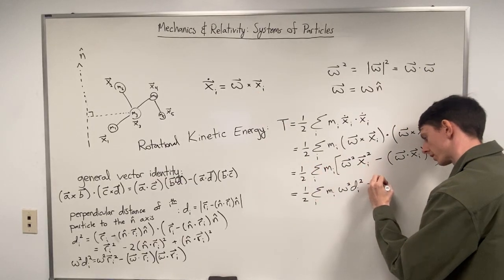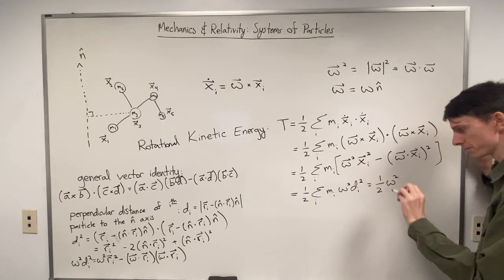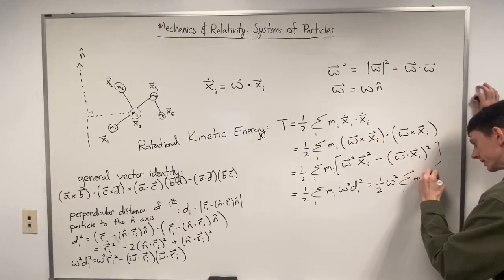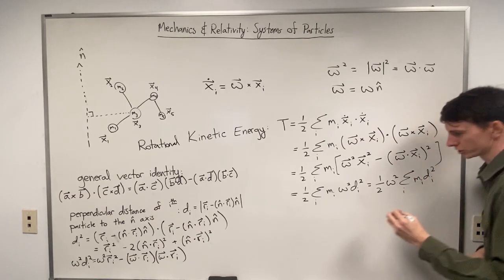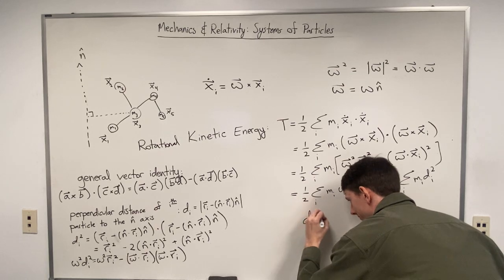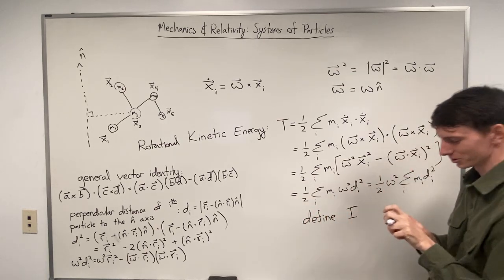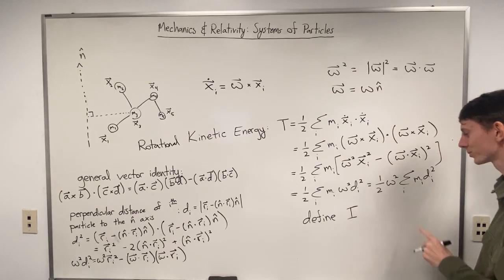If we do that, we're going to get 1/2 omega squared out in front, and then we have our sum over i m i d i squared, like this. And I'm going to define, for now, a mysterious quantity that will remain mysterious for now, called capital I.